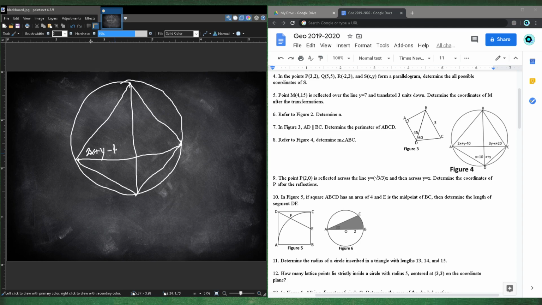Sorry, looks terrible. And they said this angle over here is actually 3y minus x plus 20. And then this one was x plus 10, and this one was x plus y.